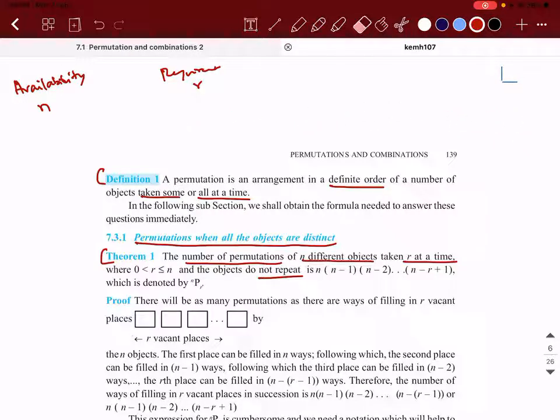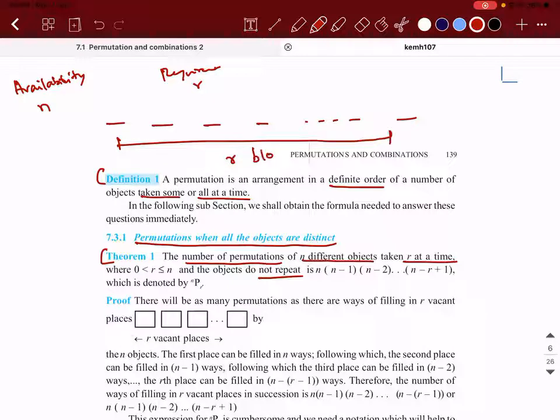Listen to this carefully, okay? 1, 2, 3, 4. Let's say this is the rth box. These are the r vacant spaces that you have. In the first empty space, how many possibilities of objects can be placed? You have n objects in your hand.